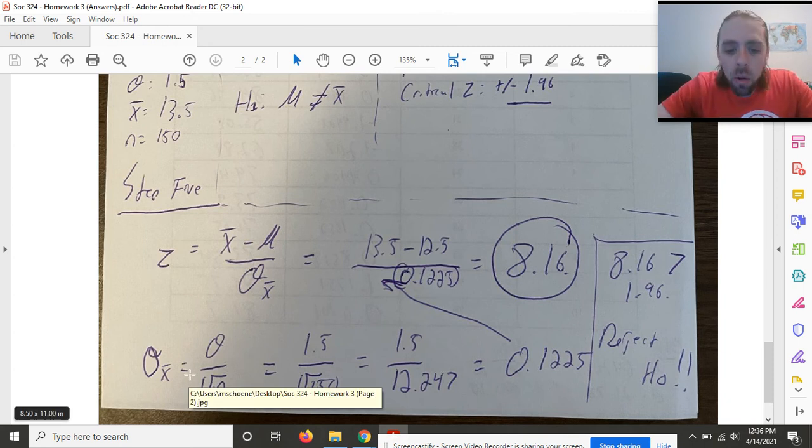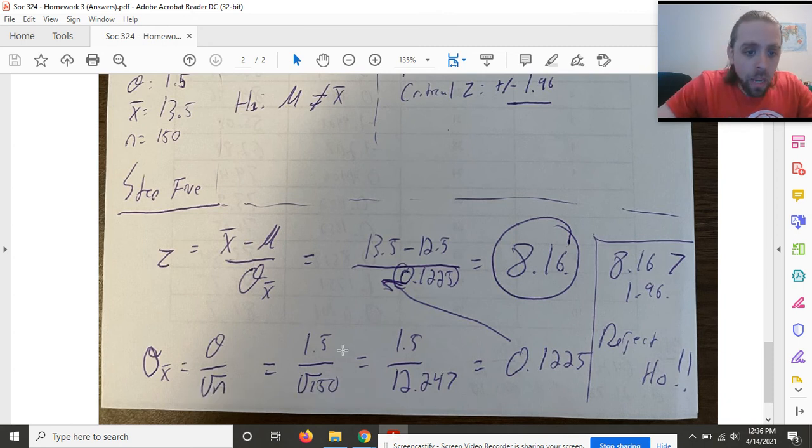In our problem, sigma is 1.5 and n is 150. So that reduces to 1.5 over 12.247, which equals 0.1225. That's my standard error.